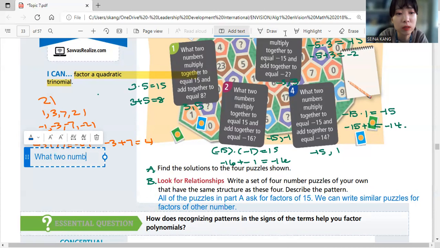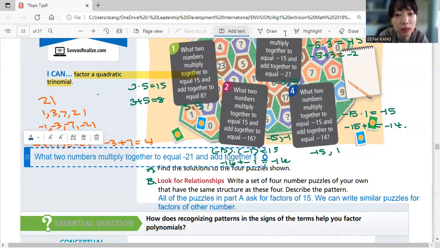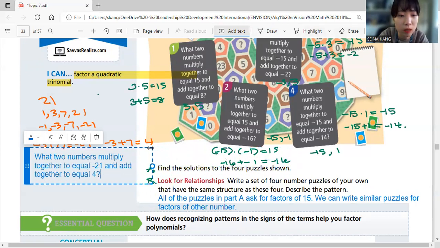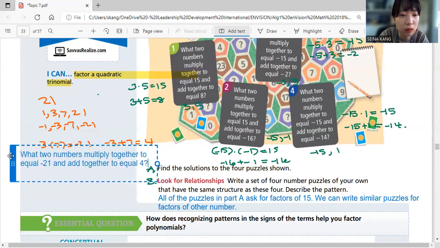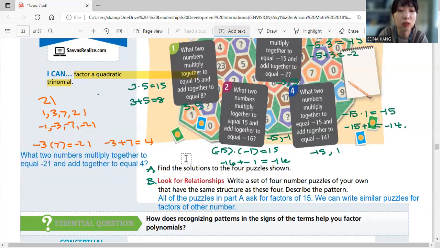What two numbers multiply together to equal -21 and add together to equal +4? Okay, that could be one. And then you can continue making other questions.